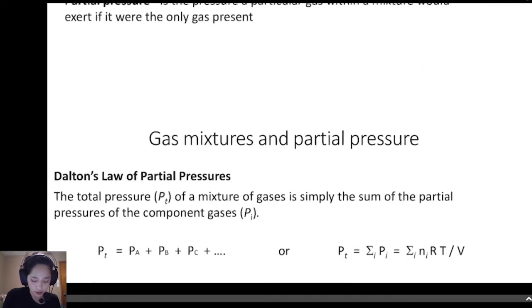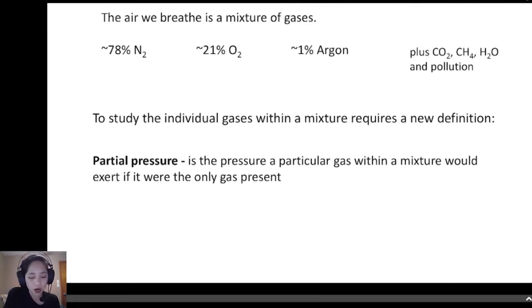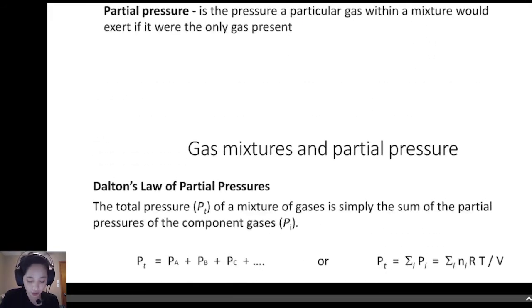All right, and so let's talk about how we calculate partial pressures in a gas mixture. So again, the total pressure, or P sub T, so that just means total of a mixture, is just the sum of all the partial pressures of the components of the gas. So it's really important that we know the mole percent of the different components. So like here, where I have the different percentages, these are mole percents of the air that we breathe.